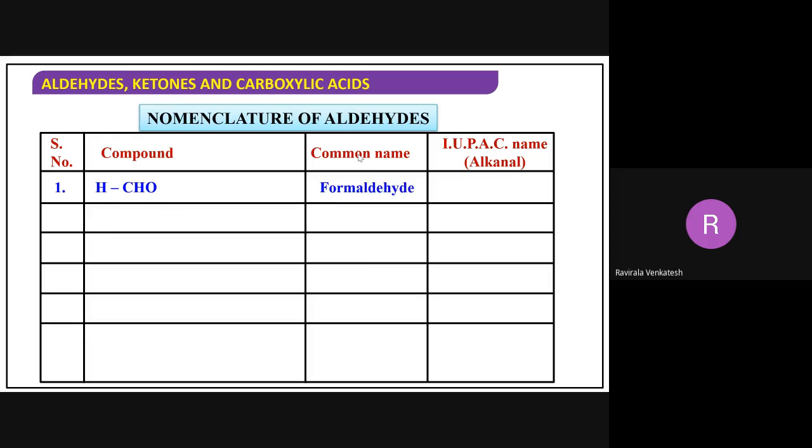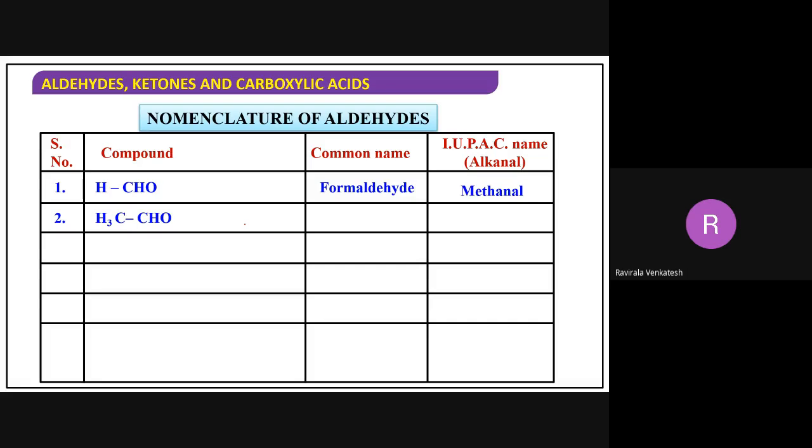Now tell me the common name for this one. Formaldehyde. IUPAC name? Methanal. Methanal. Very good.